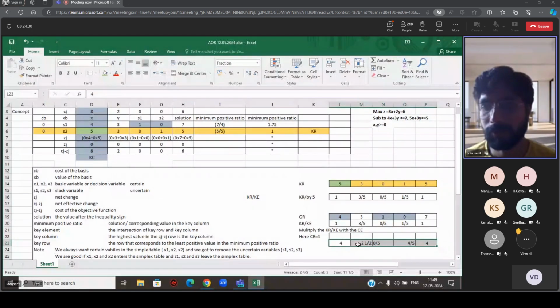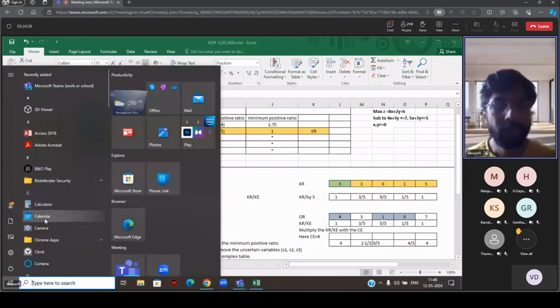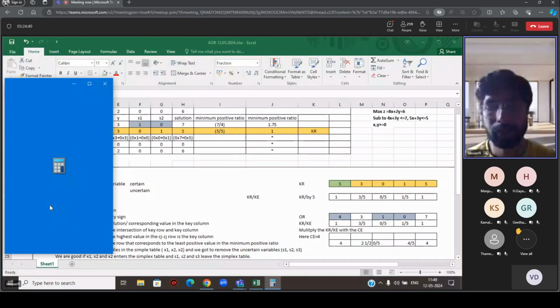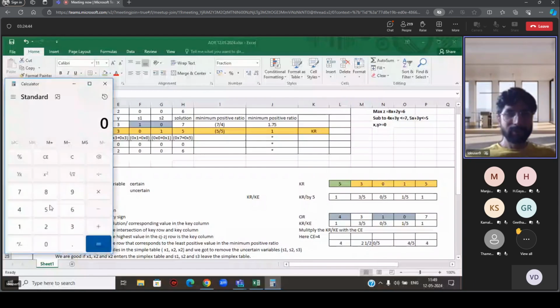For this one, for easiness, I will just take the calculator and show you. 12 divided by 5 you put. Okay, 12 divided by 5, so that will be 2.4.